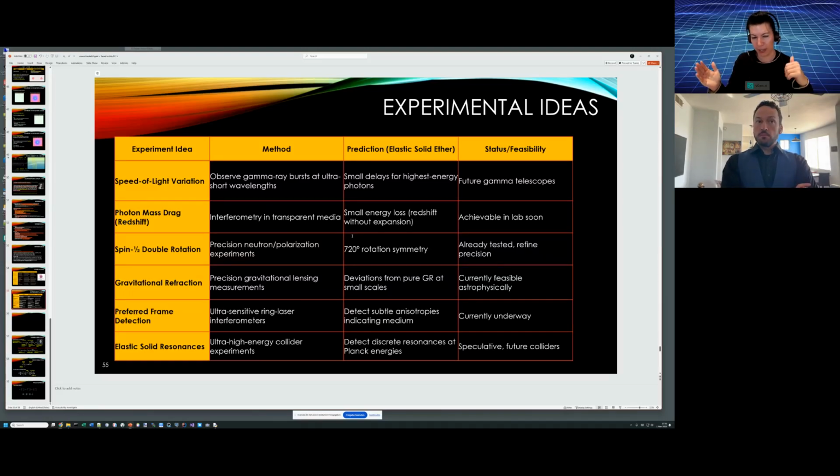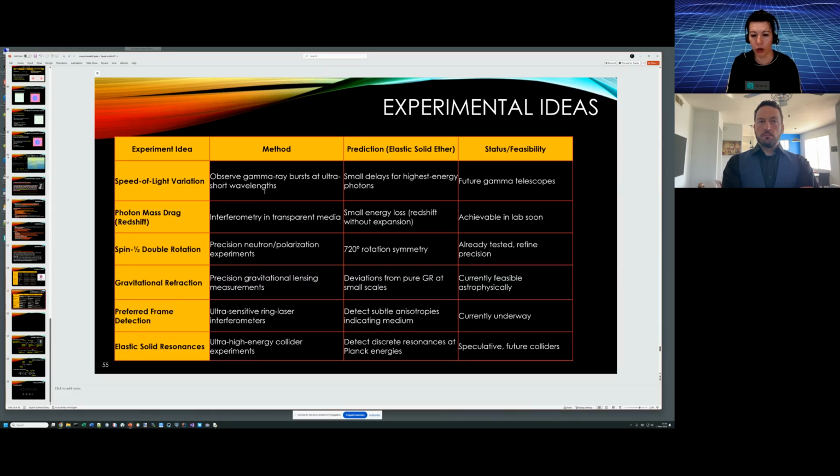When you have waves that are really small and approach the resolution of the medium, so if this is granular in some way, we don't know, right? If it's granular at the Planck length or something, we should see that gamma rays, for instance, ultra short wavelengths, should be a little slower. So we should see some delay, but I think we're not there yet. If we ever see a delay where short wavelengths take longer to arrive, that would be an indication that there's this granularity.